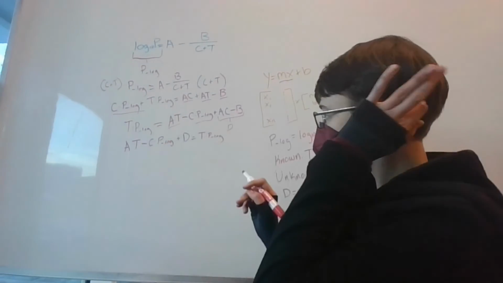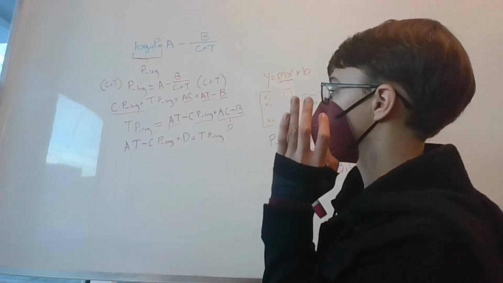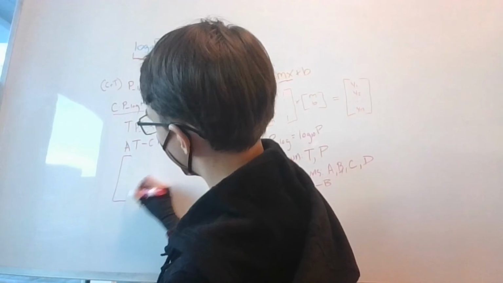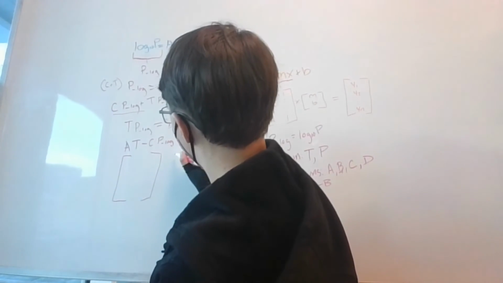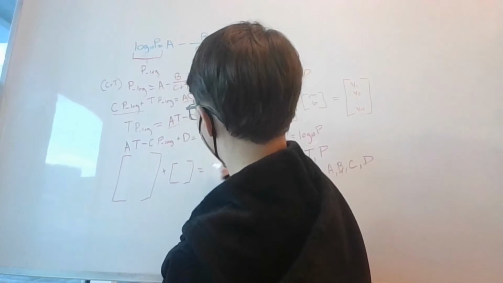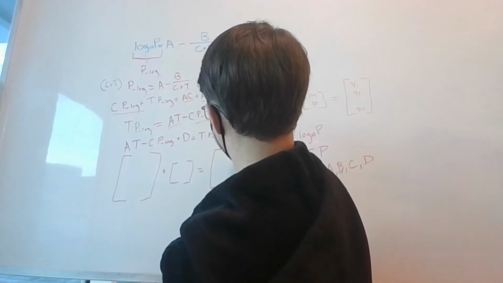Alright. So now we can set up our matrix. We'll have one big matrix times the smaller matrix is going to equal another larger matrix.